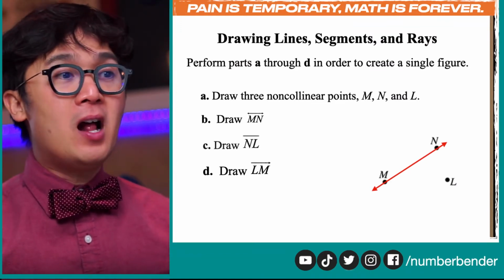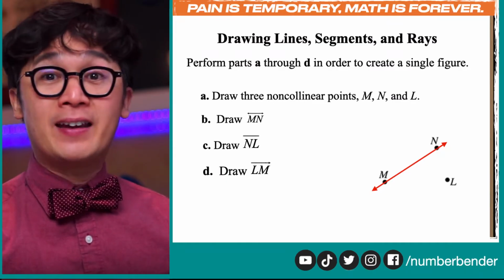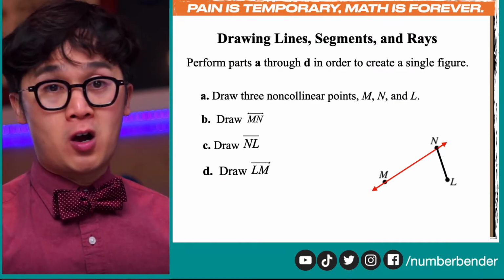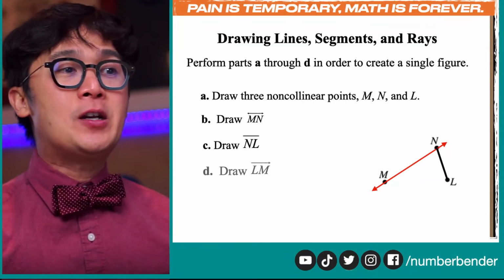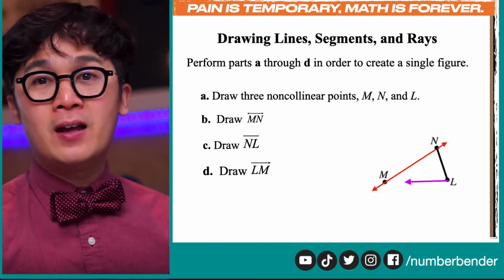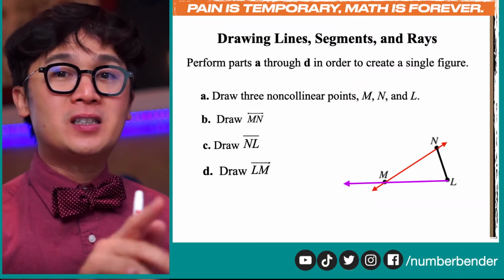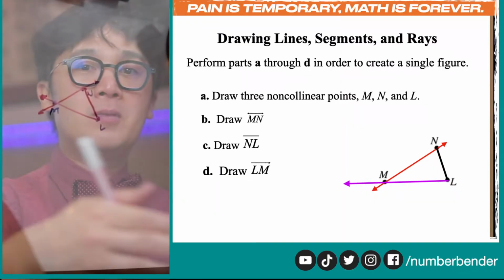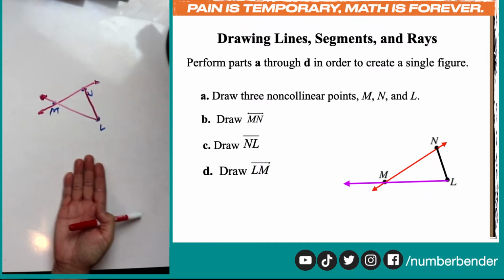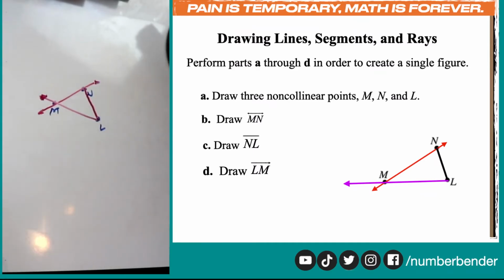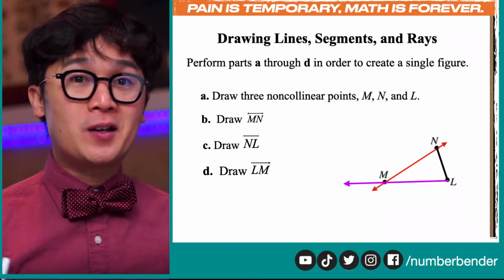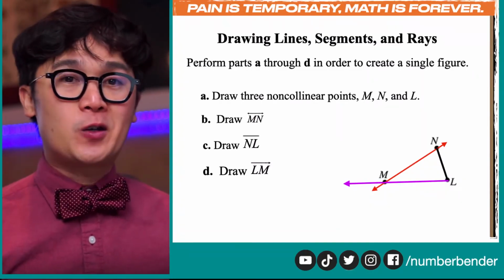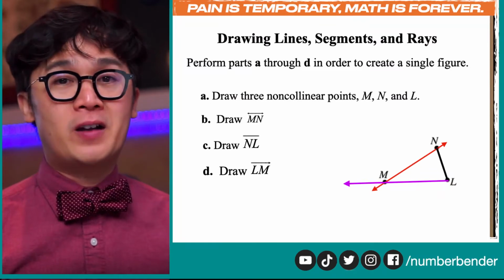Line segment NL, the endpoints are at N and L. So this is how we draw line segment NL, and then ray LM is denoted by the endpoint L all the way to M. So this is now the figure that is similar to what we were able to produce a little while ago. So once again, to be able to understand codes in geometry, we need to understand what they mean so that we'll be able to execute them correctly.